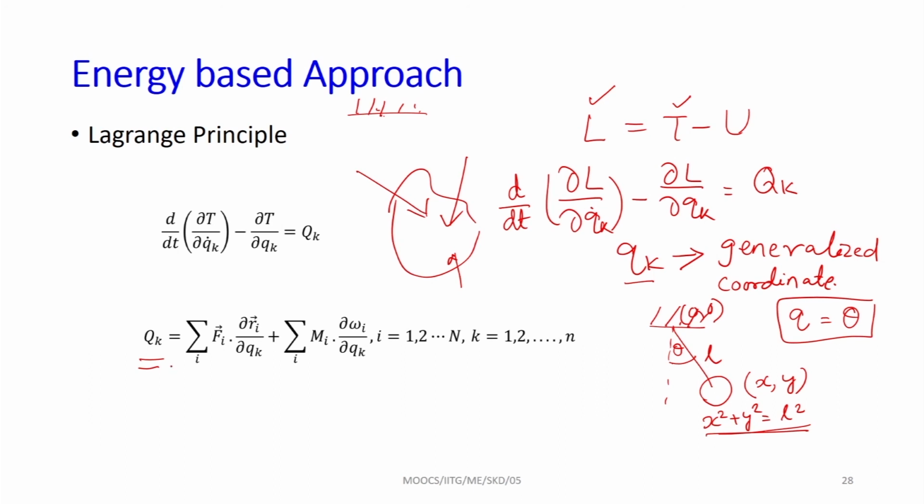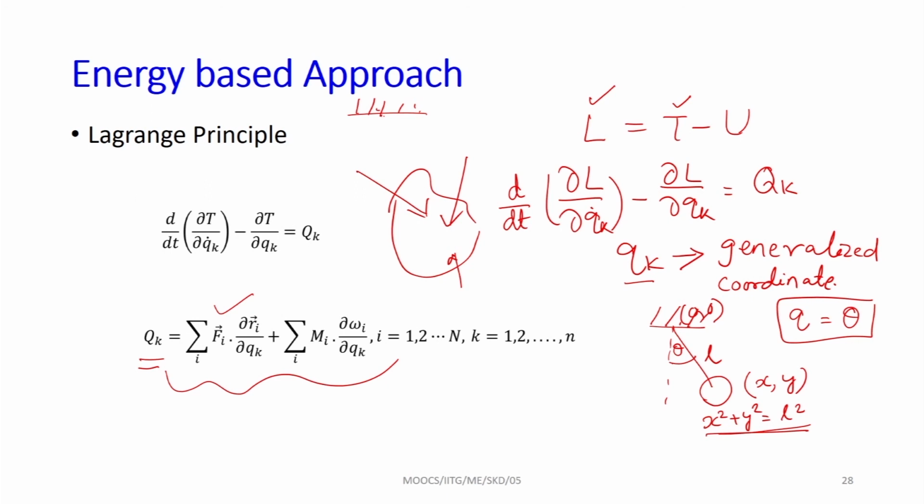Then Q_k can be written as summation over i of F_i dot del r_i by del q_k plus summation over i of M_i dot del omega_i by del q_k. This is equal to the generalized force. If the moment is not working, then Q_k will be only summation of F_i dot del r_i by del q_k.